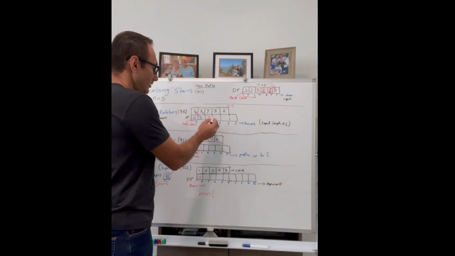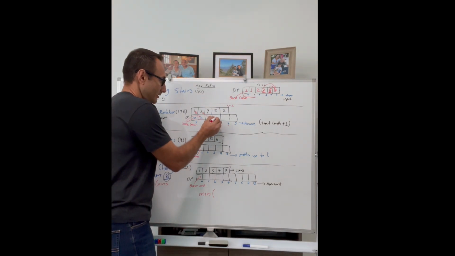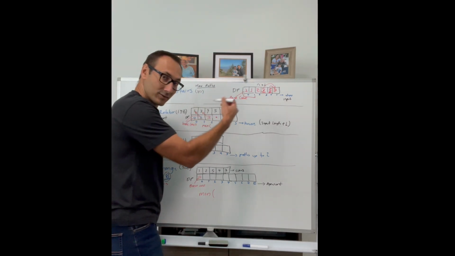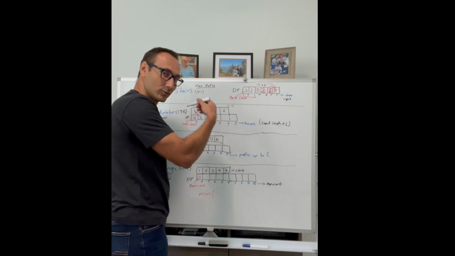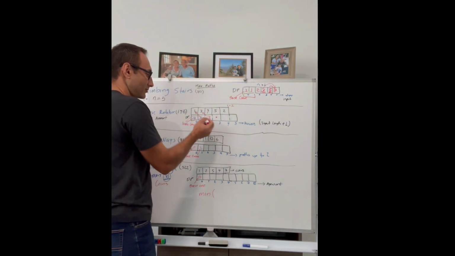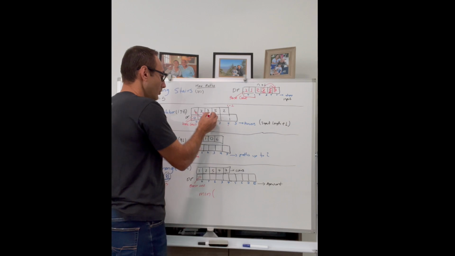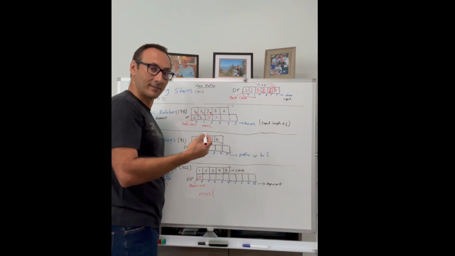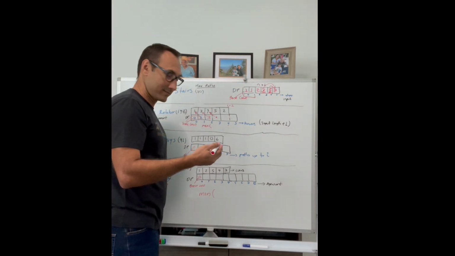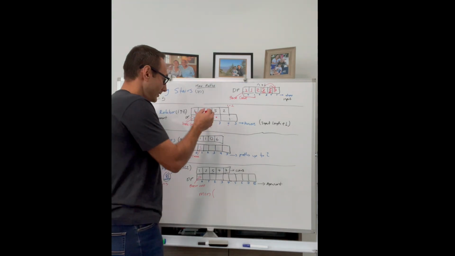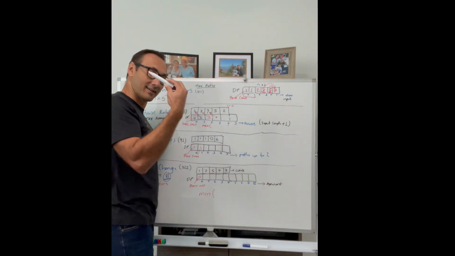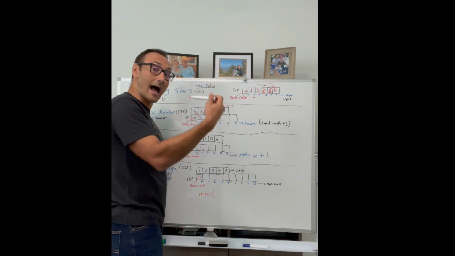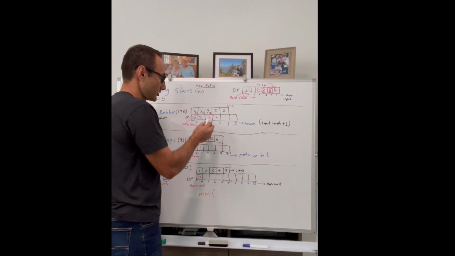Now, again, this is the present, and I care about 2 houses back, 2 decisions in the past, to make a new decision. This is the money I can get in this current house, 9. Is 9 plus what I had 2 houses back better than the money I had up to the previous house, which is 3?